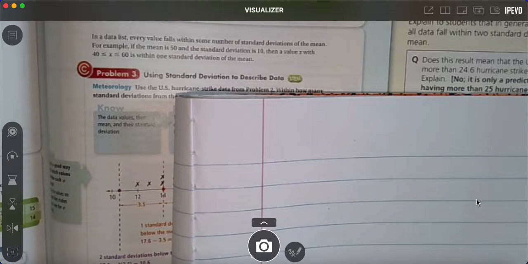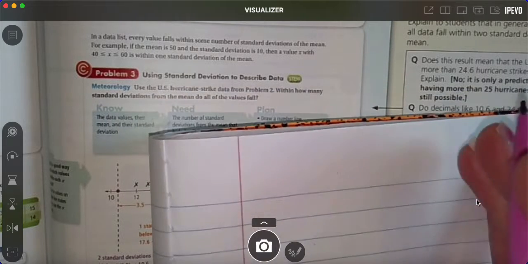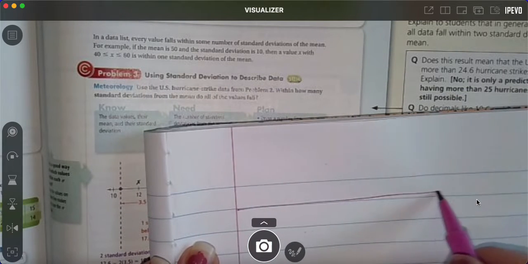Number 9, it says, use this data that's during the past 10 months, find the mean and standard deviation, and then it says how many items fall within 1 standard deviation. How many items fall within 2. So I'm going to have to draw my little line, and I'm going to put all my numbers. They range from 113 to 545.